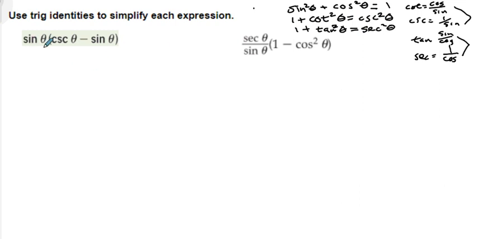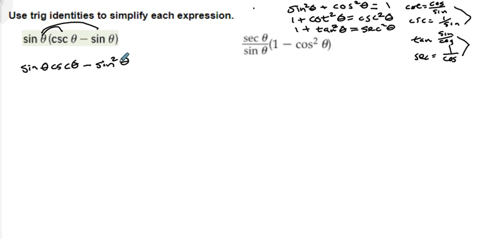All right, so that being said, let's get rocking here. We have sine of theta times this whole thing. What we're going to do is multiply this out first, using the good old distributive property. And really the only combining you have to recognize is that when you multiply two of the same trig function together, you just square it. Sine squared theta.